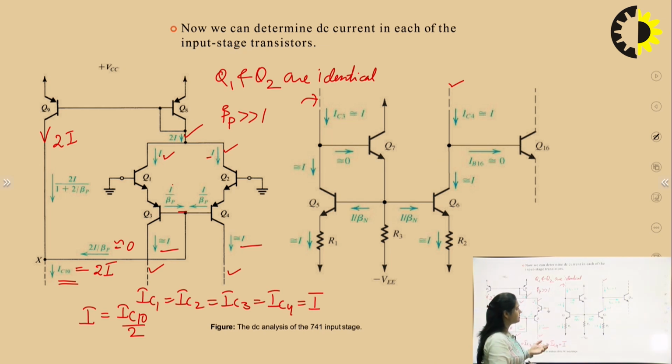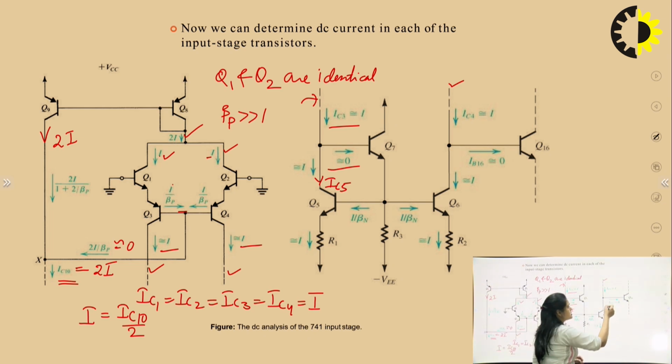And again, considering that the base current of Q7 is 0, this IC3, which equals capital I, definitely will equal the collector current of Q5, that is IC5. So from the diagram, it is obvious that IC3 equals IC5. Similarly, IC4 equals, if this base current is 0, IC6.